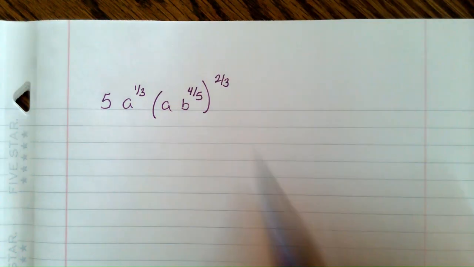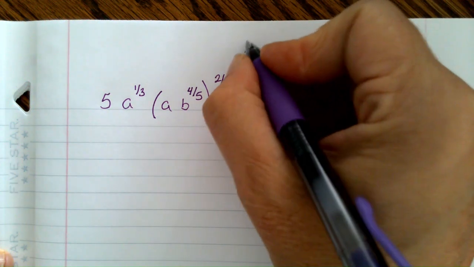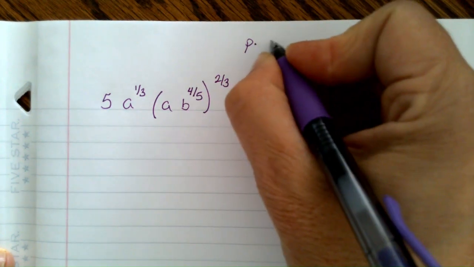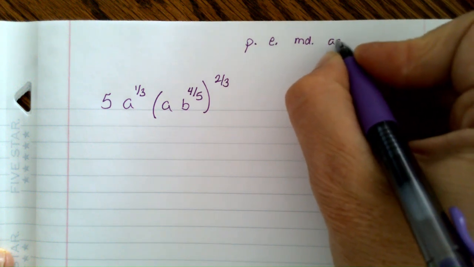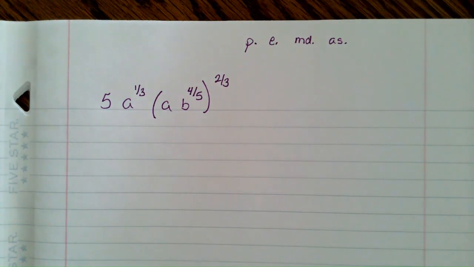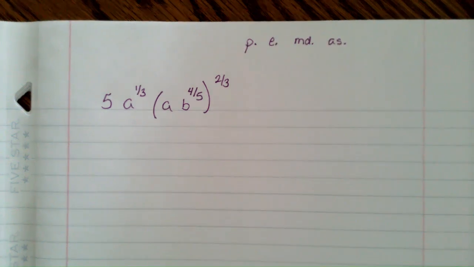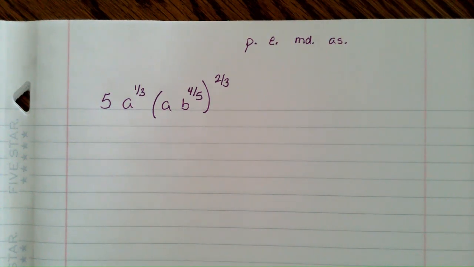So remember order of operations, your PEMDAS: parentheses, exponents, multiply, divide, add, subtract. And if you haven't seen any of my other videos, dividing is multiplying. Subtracting is adding. Dividing by 2 is the same as multiplying by 1/2. Subtracting 5 is the same as adding -5. So that's why I write PEMDAS a little different.